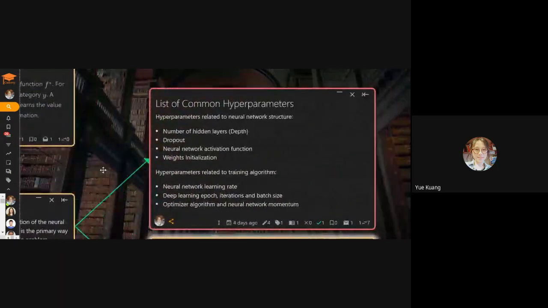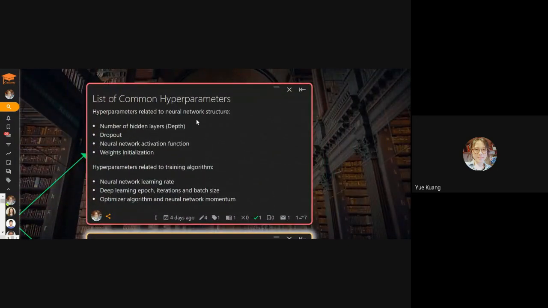So, here is a list of common hyperparameters. First are the hyperparameters related to neural network structure: the number of hidden layers, dropout, activation function, and weight initialization. Then the hyperparameters related to the training algorithm: the neural network learning rate, deep learning epoch, iterations, batch size, optimizer algorithm, and neural network momentum.